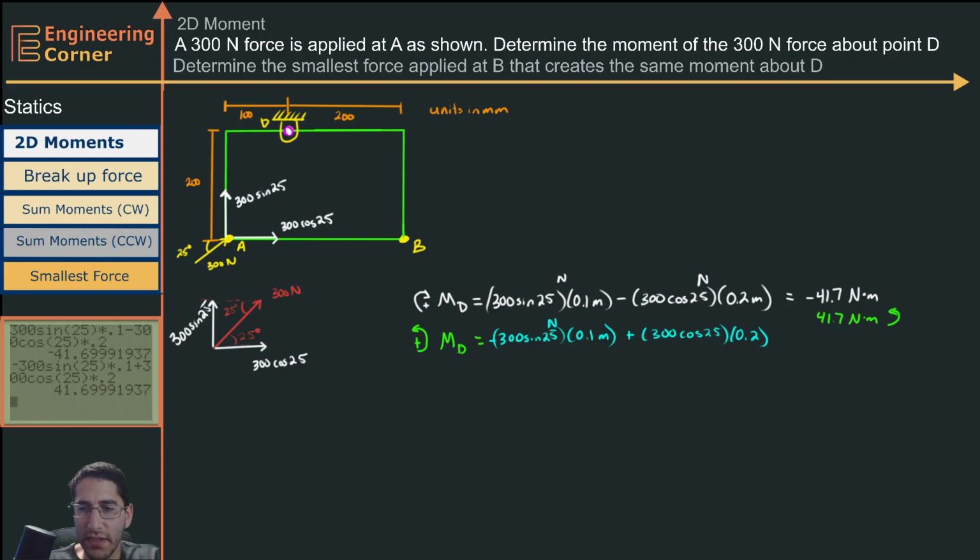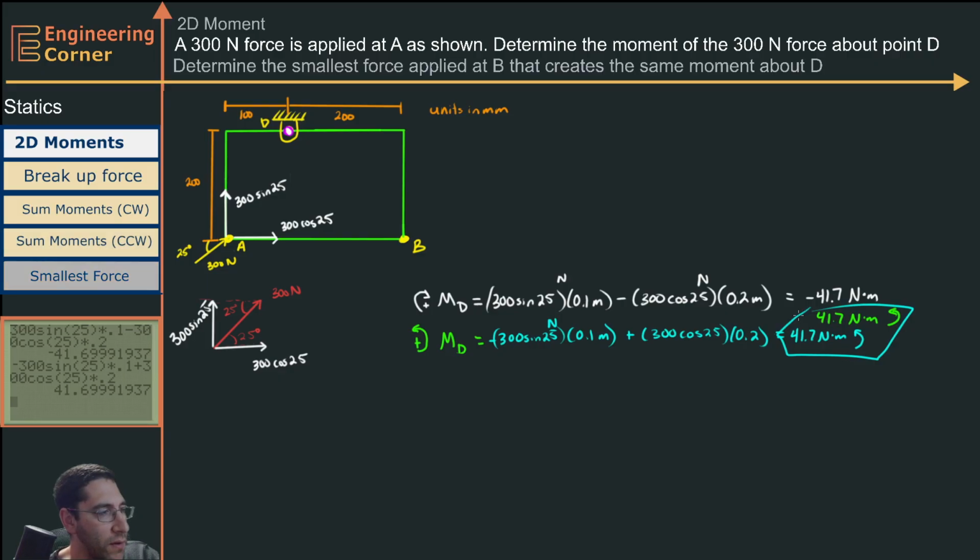And we get that this is equal to 41.7 Newton meters. A good check. It's the same magnitude, but there's no negative sign out in front. So that means that this counterclockwise direction was correct. We get the same answer regardless of if we sum our moments in the clockwise or the counterclockwise direction.